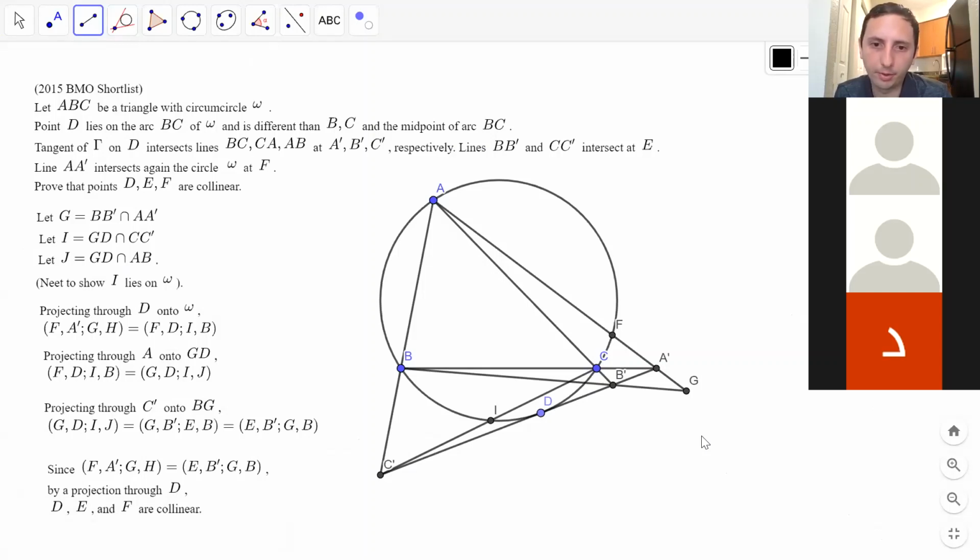Yeah, that might not be a bad way to do it, because angle IDC, we want to show it's the same as angle GDA prime.